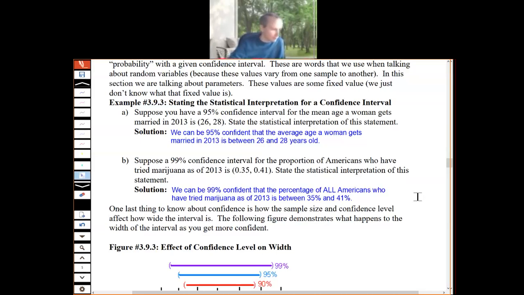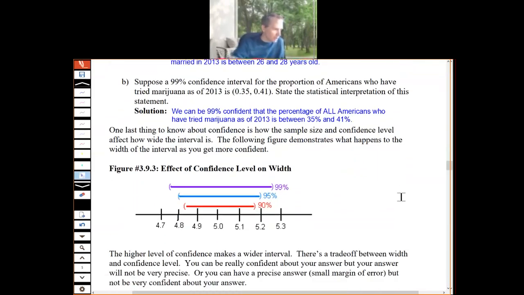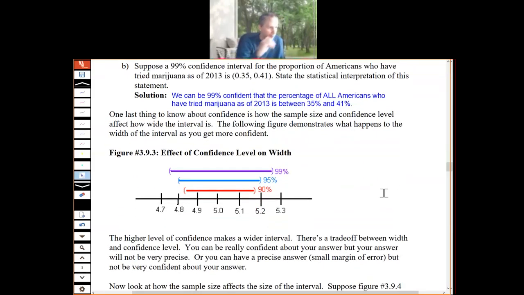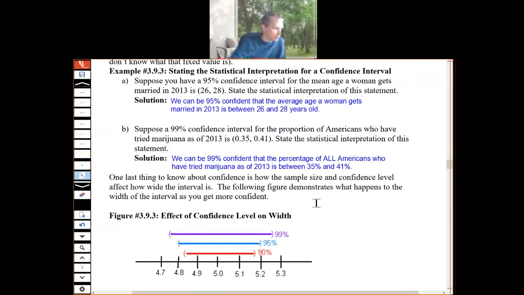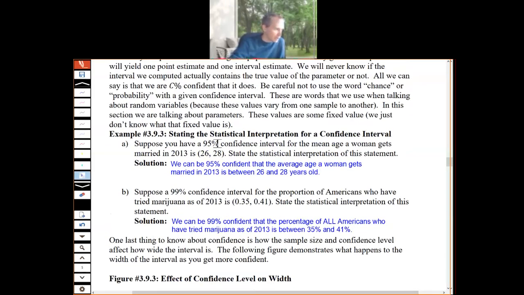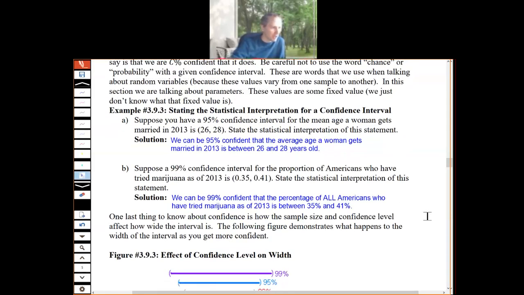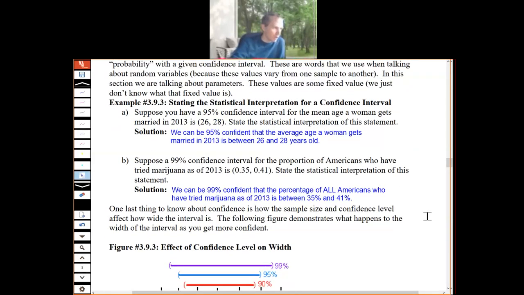Before we start computing these, let's look at one more thing. When we look at a confidence interval, I could have a 95% confidence interval, I could have a 99% confidence interval, and you might ask yourself, why wouldn't I just use a 100% confidence interval every time? Seems like an easy fix.